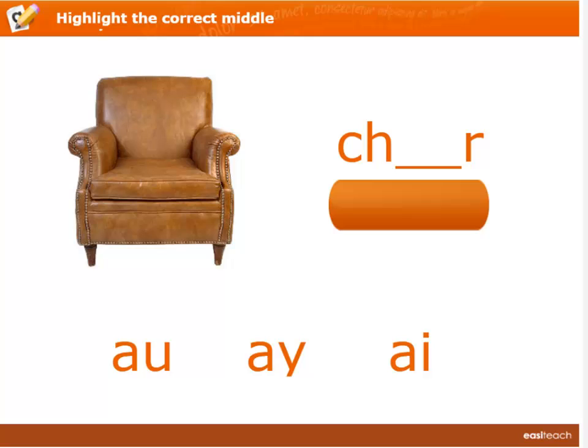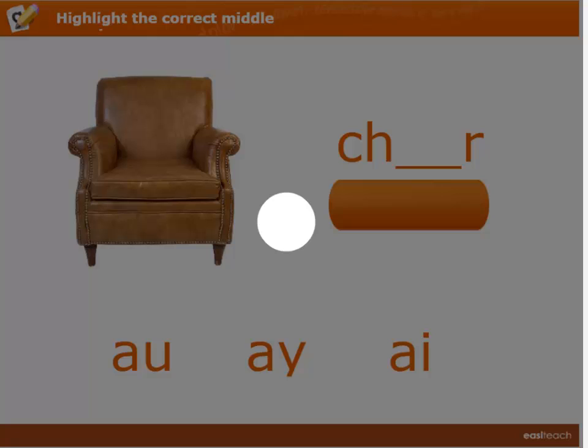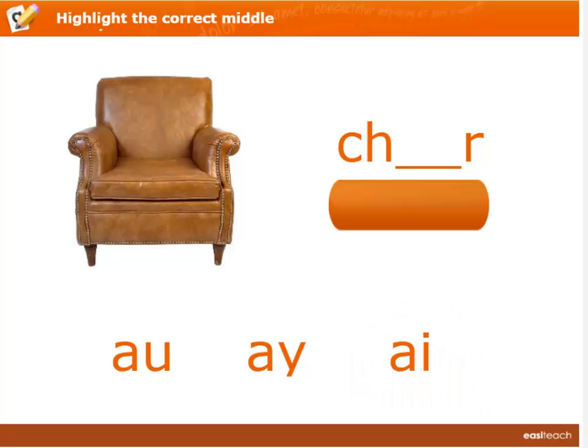Another way you might consider using this tool is to have pictures and vocabulary words. Students activate the Spotlight tool and choose the correct beginning, middle, or ending sound to complete a word. Another way you may consider using the Spotlight tool is over the top of a PDF file.